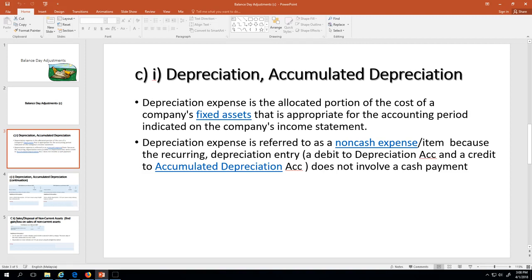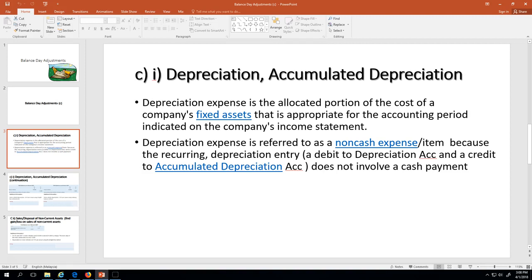That's why it's called accumulated depreciation. Because it's a minus asset account, its positive sign, opposite of a non-current asset, will be on the credit. So again, when depreciation is calculated at year end, we will debit depreciation and credit accumulated depreciation.